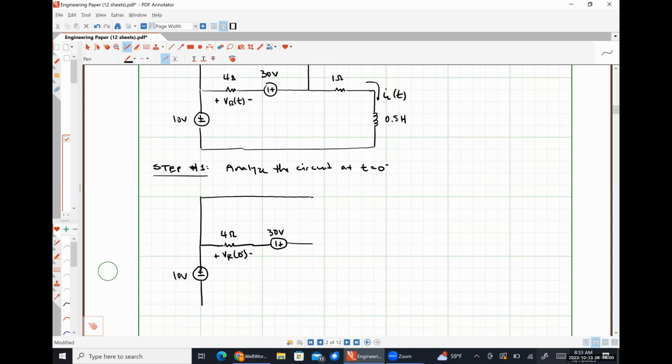Since my switch is closed, I'm just drawing a short circuit up here. Since we are at DC steady state, my inductor will look like a short circuit as well. Here's my inductor current at t is equal to 0 minus. How would I solve for either of these quantities?